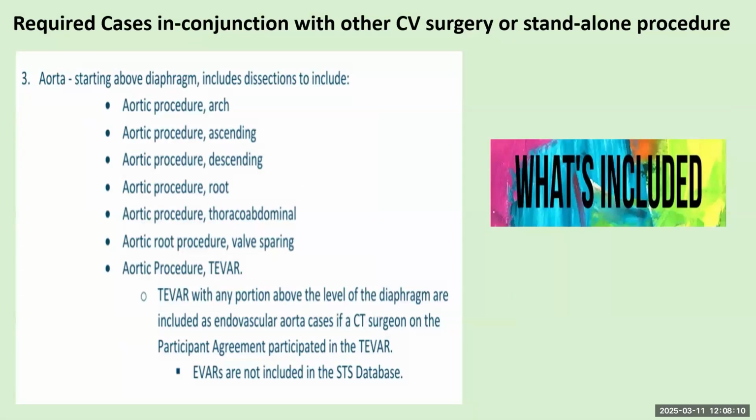And then number three are aorta procedures starting above the diaphragm, and that includes dissections. So we're talking aneurysms, dissections, any type of aorta procedure that starts above the diaphragm. Those are arch procedures, ascending aortas, descending aortas, root procedures, even your thoracoabdominal ones, because they start above the diaphragm.